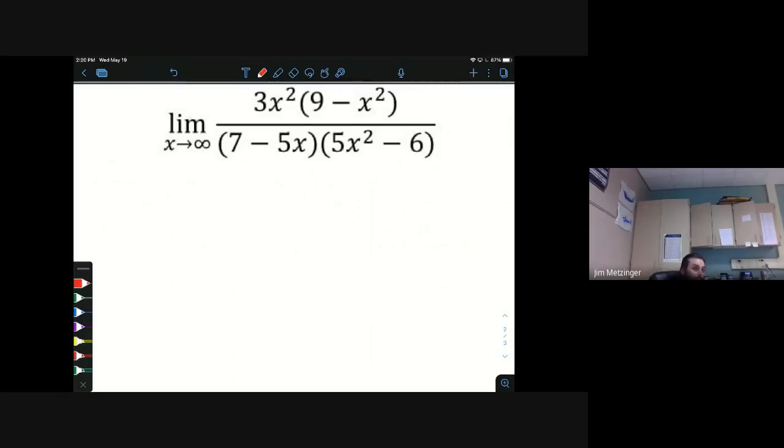What about this one? That one's top heavy. Now I only look at that scenario when x is going to positive or negative infinity. So top heavy, great. No horizontal asymptote. What's the highest degree term in the numerator?